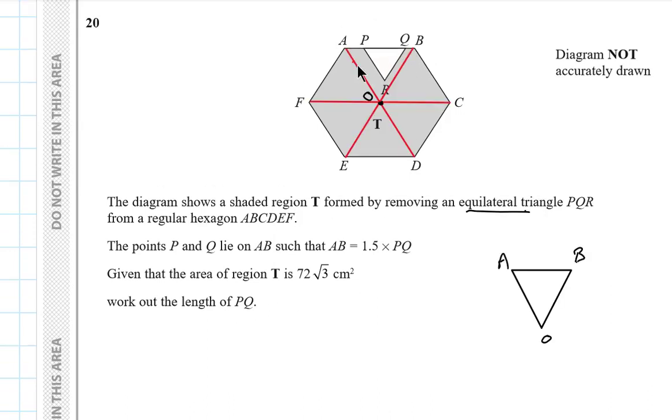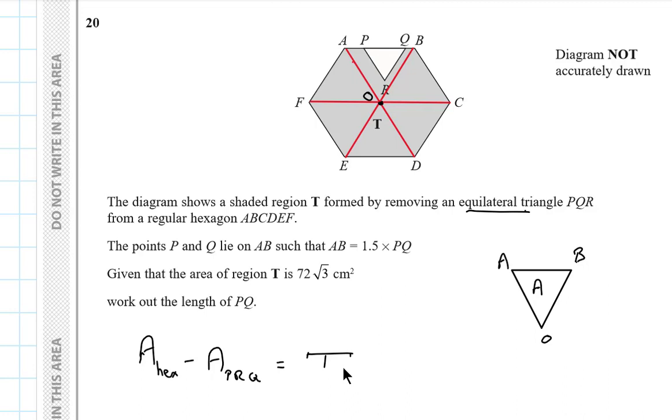What a nice question. Let O be the center point of the hexagon, and I will take the triangle AOB and call its area A. The required area T can be calculated by finding the area of the hexagon minus the area of triangle PRQ.